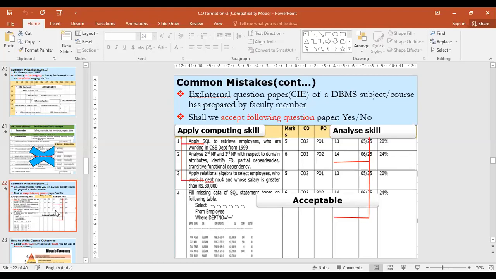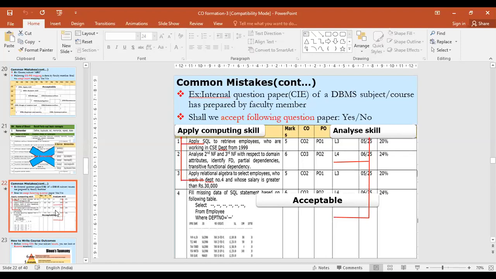Suppose, coming to the theory of computation and design and analysis of algorithms point of view, consider that CO1 is related to the remember and understand level, the basic levels of algorithms. The second unit is analyze, and the third unit is create.